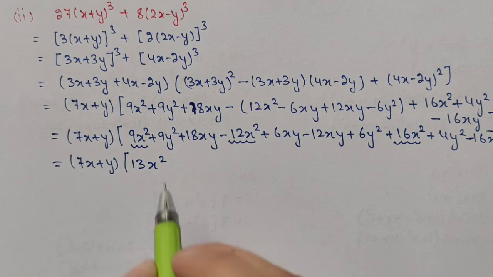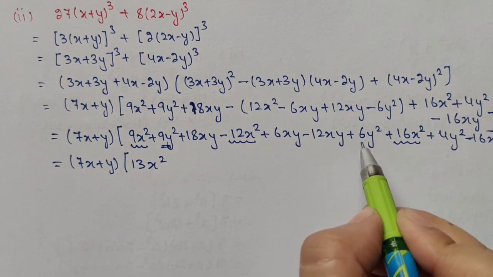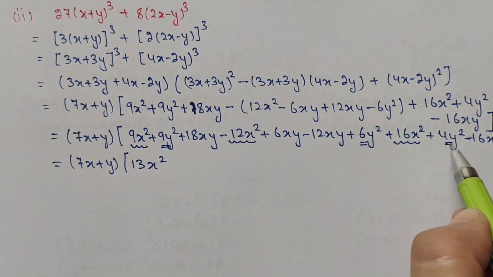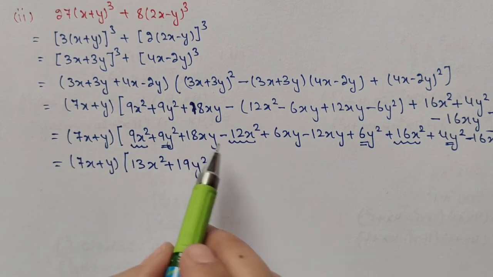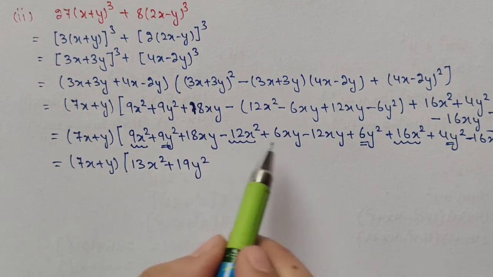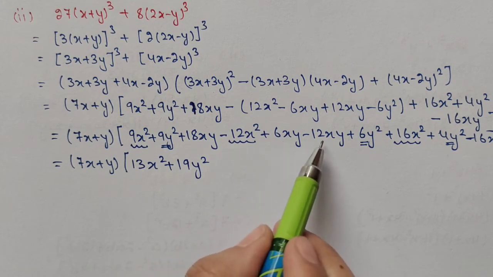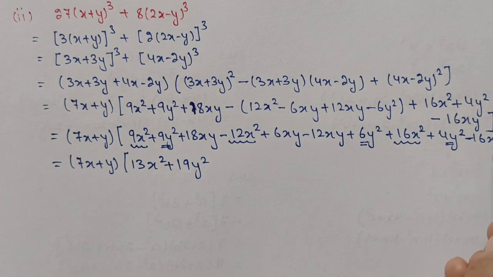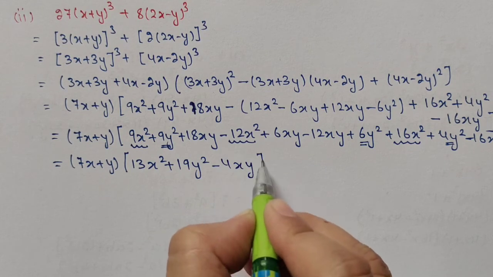Now we will see y²: 9y² then 6y², it will become 15, and 15 plus 4 is 19y². Then xy: 18xy plus 6xy is 24xy, minus 12xy, then 12 minus 16 means −4xy.